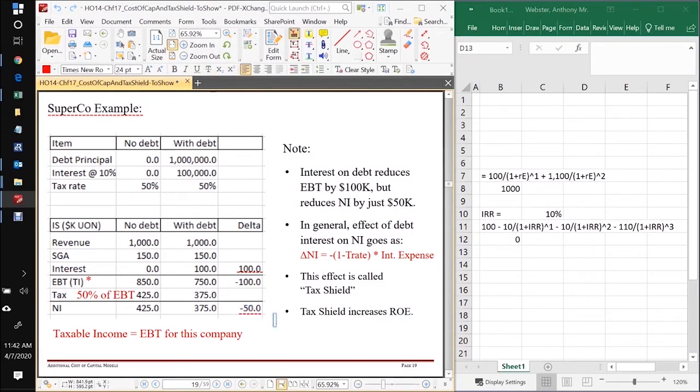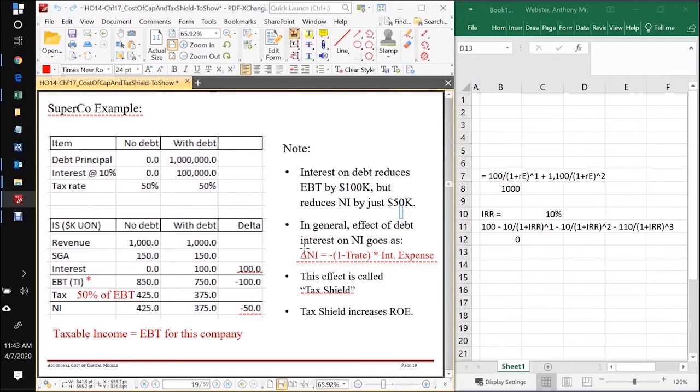Even though the expenses with the debt went up by 100,000, the hit to net income was only 50,000. And that's because of the tax shield effect. This is what we call the tax shield effect. And the way it works in general, I've made this red because it's an important equation that you should definitely know and hopefully come to love.